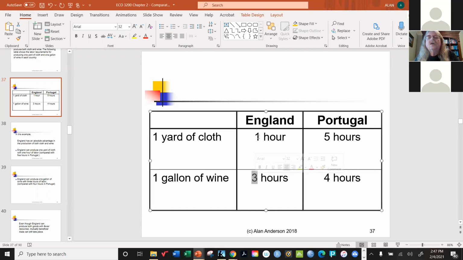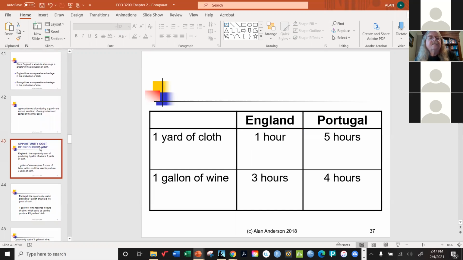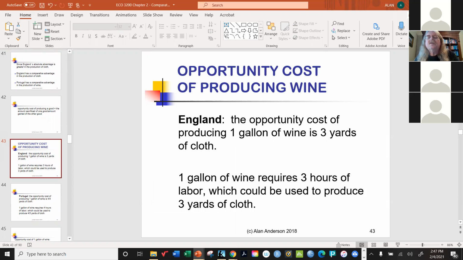Those 3 hours could have been used to make 3 yards of cloth. So that gallon of wine is costing me the opportunity to make 3 yards of cloth. So we say that the opportunity cost of that wine is 3 yards of cloth, which is pretty expensive.